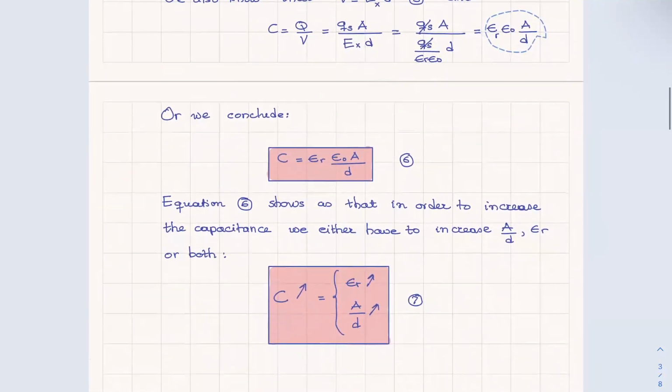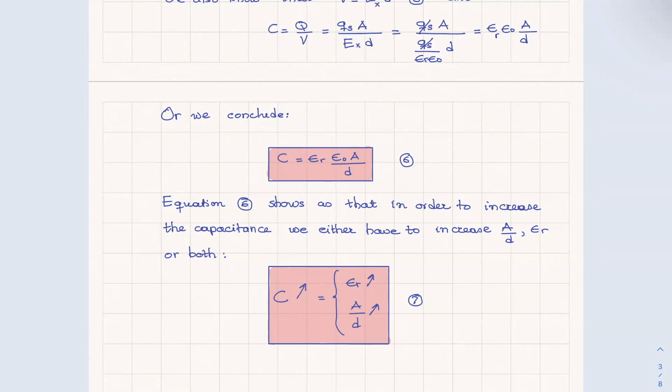And equation 6 is just a simple rewrite of the previous. We can see that there are 2 types of parameters that impact the capacitance. And usually when we try to create a capacitor, we want to have the capacitance relatively large compared to the parasitic capacitances that you have in your structures.